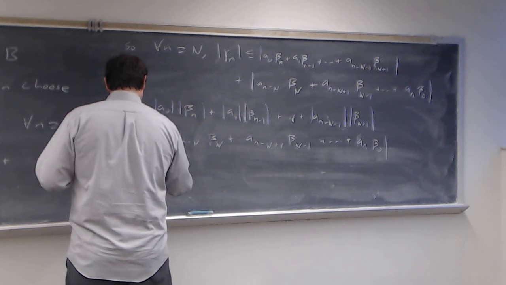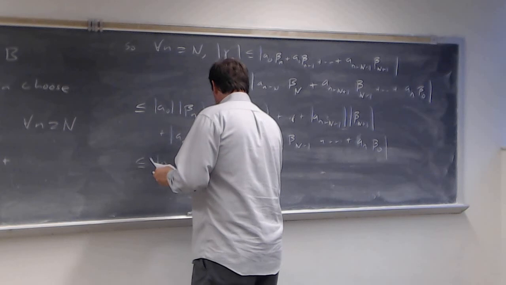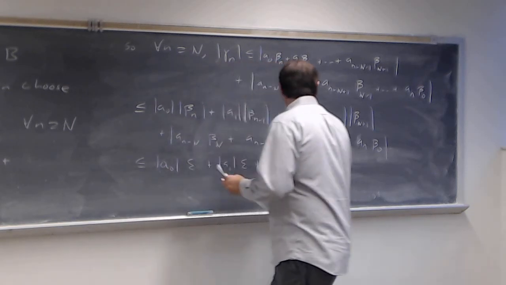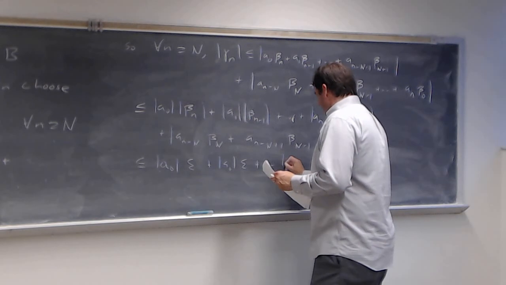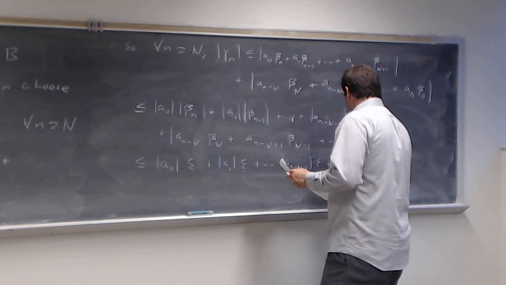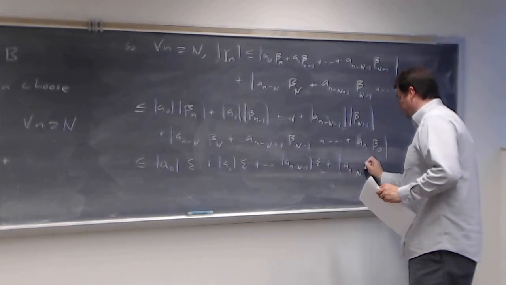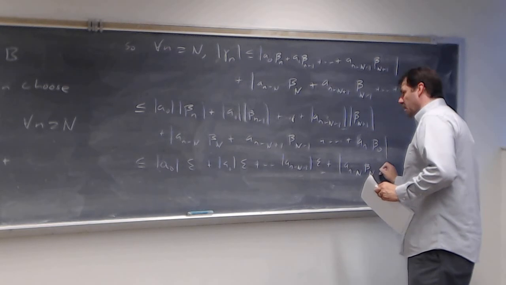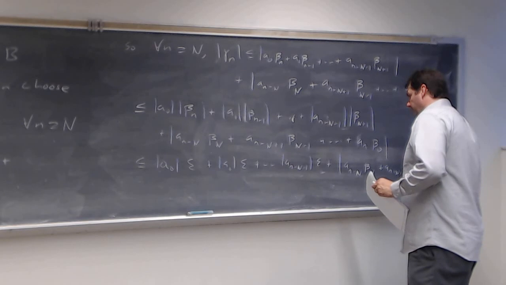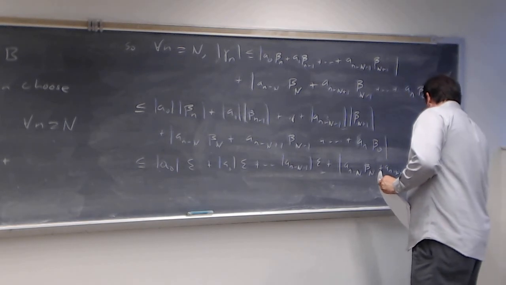So this is going to be a sub 0's norm times epsilon plus a sub 1's norm times epsilon all the way up to the norm of a sub n minus big N minus 1 times epsilon, plus this quantity, which I'm going to write here to the side. So it's a sub little n minus big N, beta sub big N, plus a sub little n minus big N plus 1, beta sub big N minus 1, all the way up to a sub n beta sub 0.